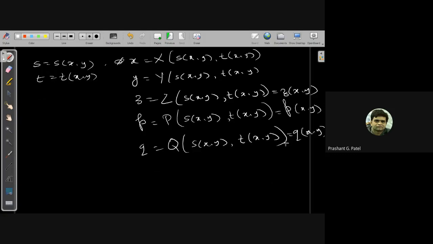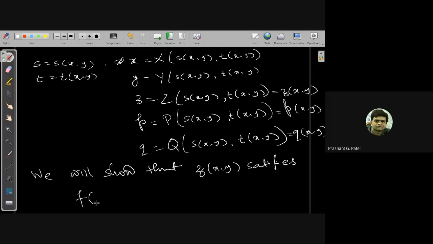We will show that this function f will satisfy our original equation. So we will show that g of xy satisfies f of x, y, z, p, q equal to 0, where p is zx and q is zy. So this equation will be satisfied.